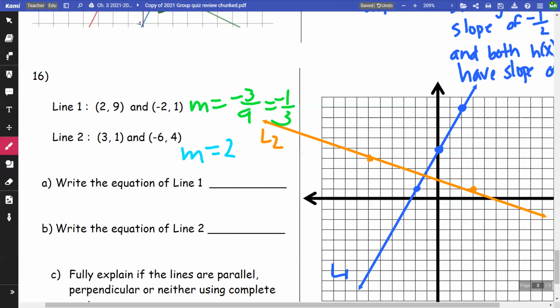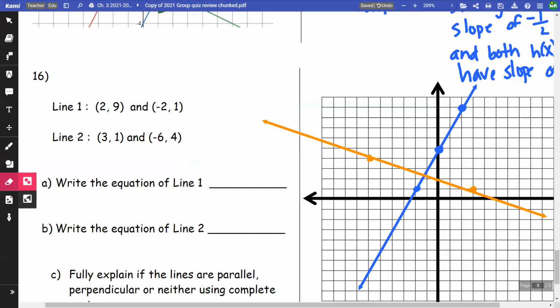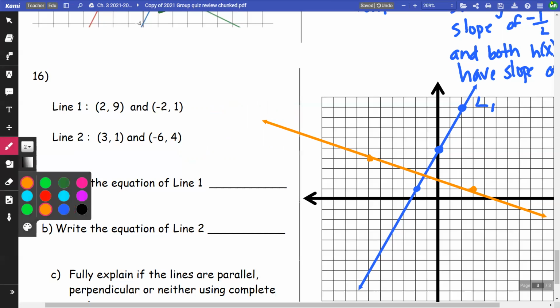Did I count this one wrong? 1, 2, 3, 4, 5, 6, 7, 8 over 4, which is 2. I think I've labeled these wrong. Let me just double check here. Okay. So this one is L1. The other one is L2.